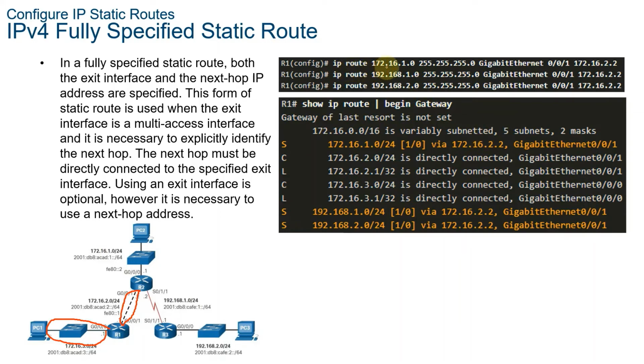IP route, this would be our remote network, from the perspective of R1, with the subnet mask here. This would be your exit interface, and here you have your next hop IP address. So this is a fully specified static route.